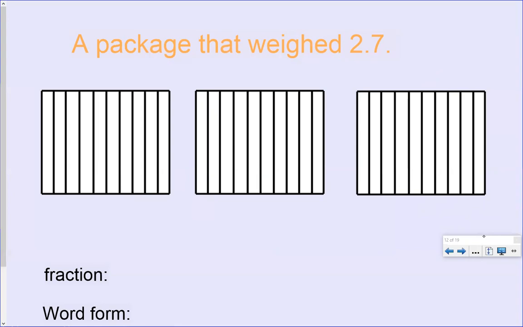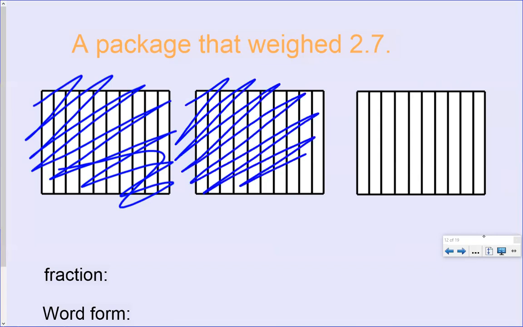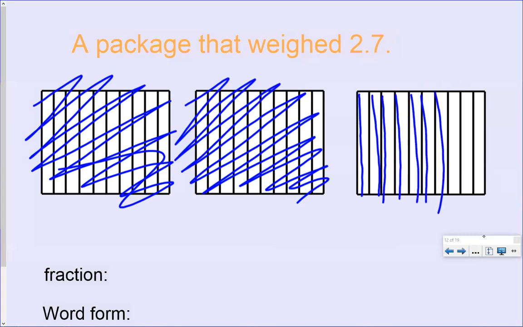Aiden, help him out. She looked at the left side of her decimal. She saw it's 2 whole pounds, so 2 whole grids, and then you do the third one, just 7/10 of the last one. Great job. Awesome, Aiden.